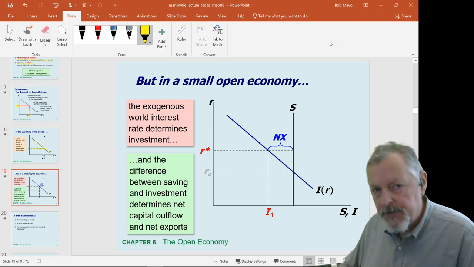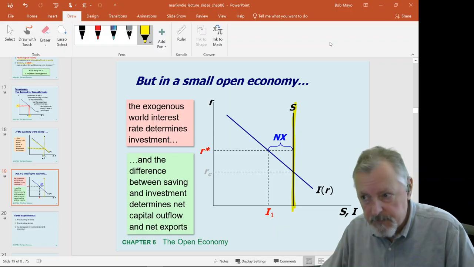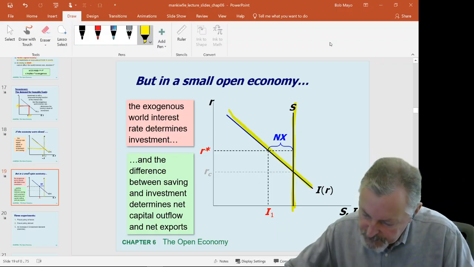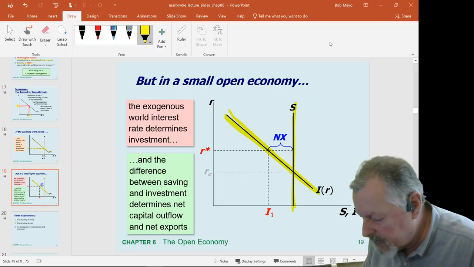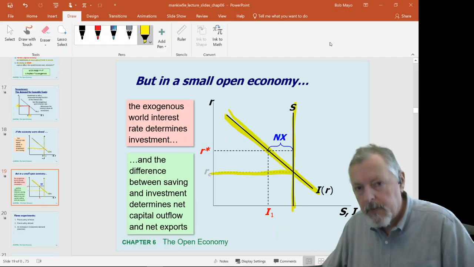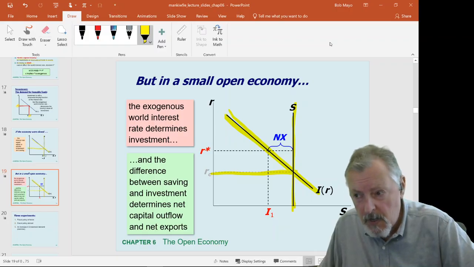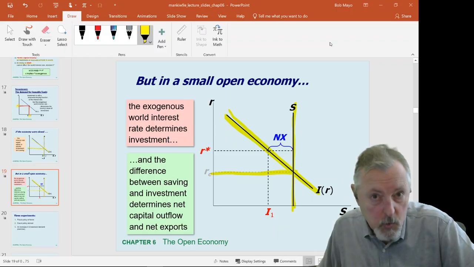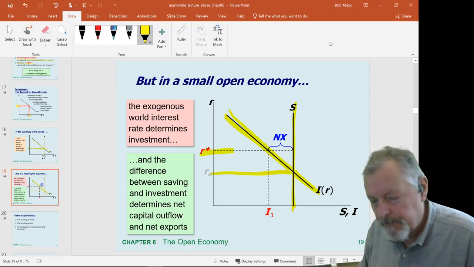But because it's an open economy, domestically we have this supply of loanable funds from savings and this demand, which would imply an equilibrium price here. But that's not the price. Because we're an open economy, we essentially are importing the world price. So the price is here.